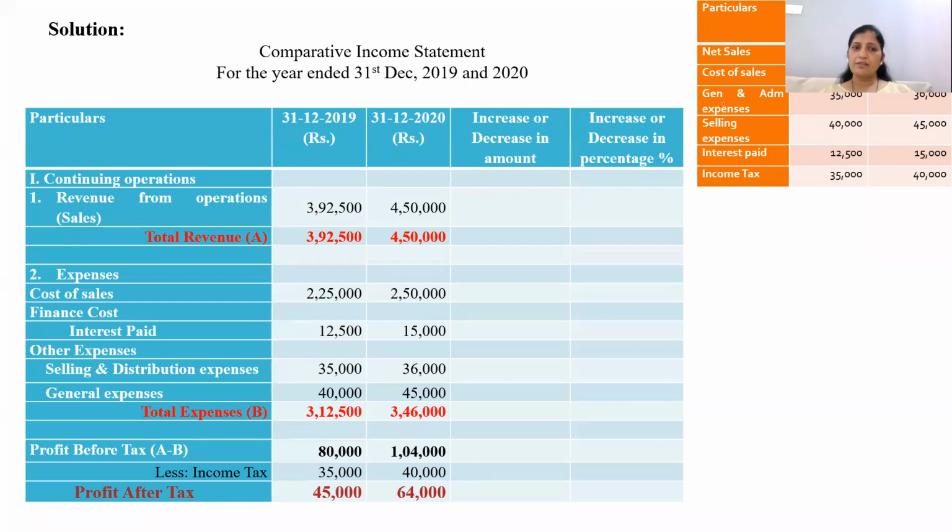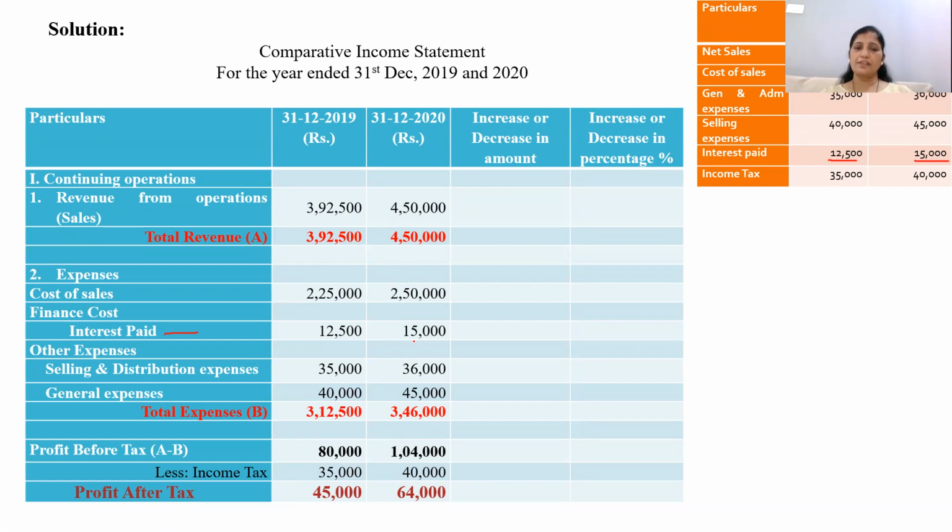Next, what you have? General and administrative expenses, selling expenses, interest paid and income tax. So next, as per the format, we have finance cost. In this finance cost, we have interest paid. What is this interest paid? It is given here. Interest paid is 12,500 and 15,000. These two figures I have written here.